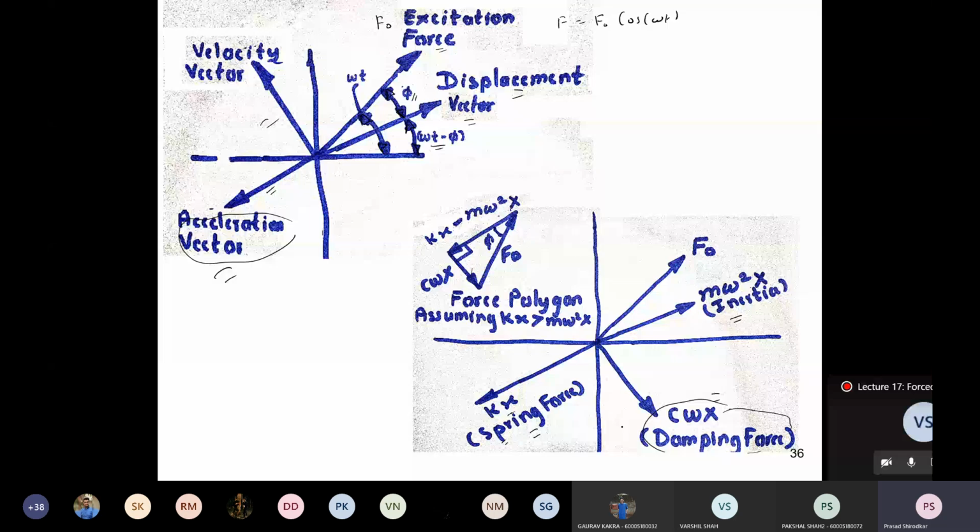Now, based on all these forces, we constructed a force polygon, and the resultant F0 balances the inertia force vector, the spring force vector, and the damping force. So all these vectors are balanced by F0, or they are equivalent to F0.